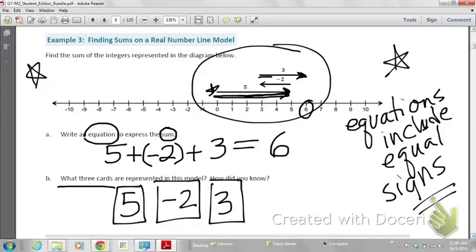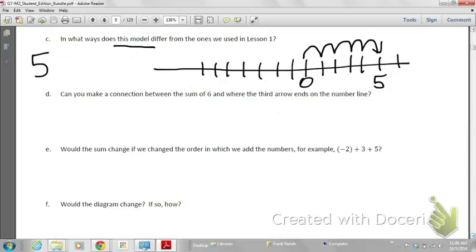Here's a +5 right there, one straight shot. They are the same because they represent the same total movement, but the other is more of a counting model, whereas this one is what we call a vector model.